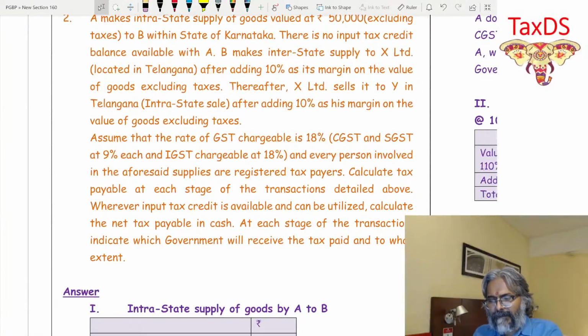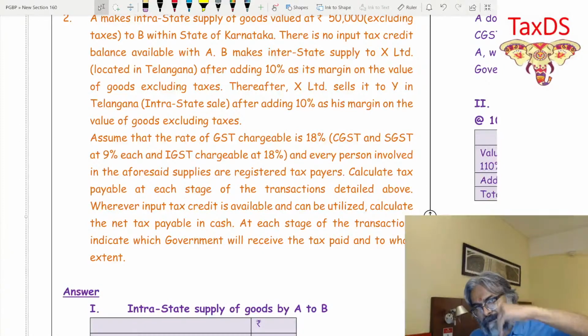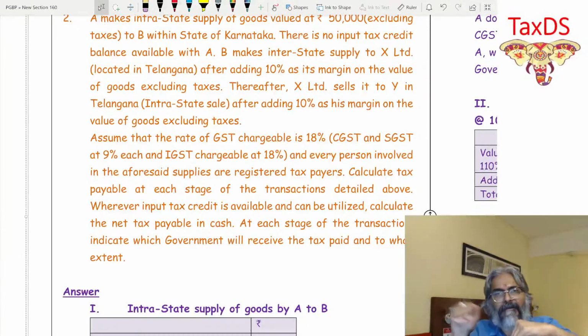Thereafter, X Limited sells it to Y in Telangana. So now X Limited, which has purchased the goods from B Limited, what is he doing? He is doing an intrastate supply within the state, and that he is doing to Y. Now he is adding another margin of 10%. So 10% margin would be on 55,000. 55,000 plus 10%, so 5,500.